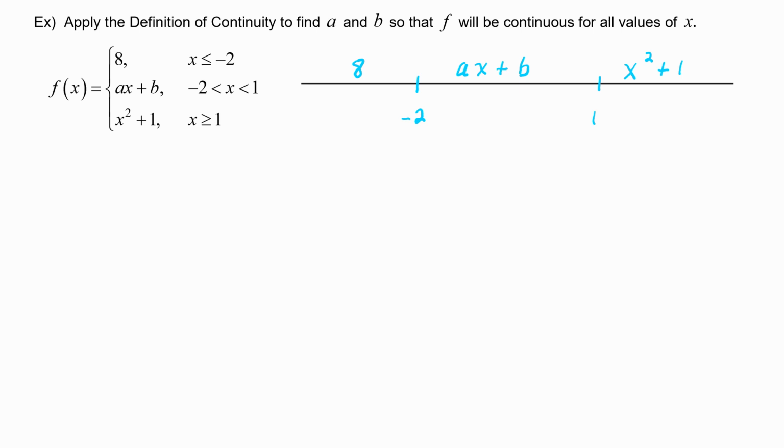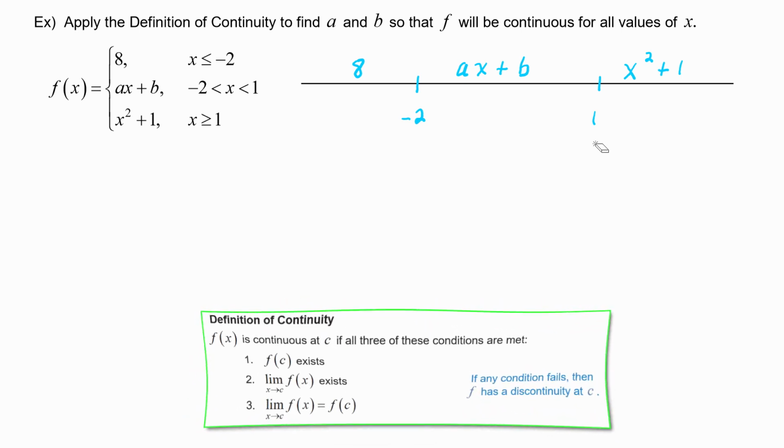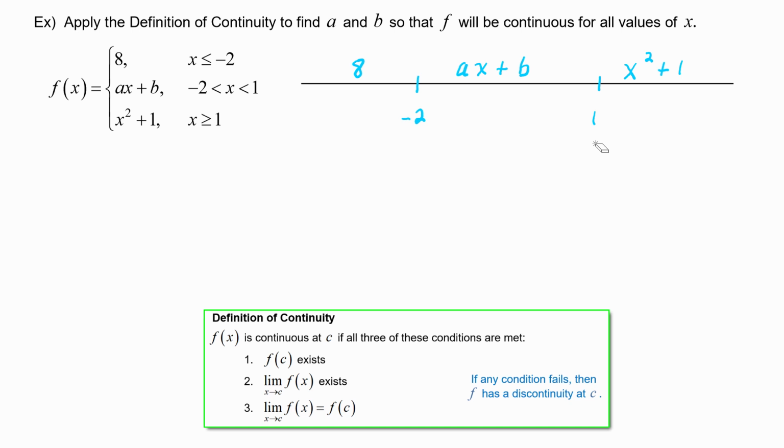So what we have to show is that the function will be continuous at the places it changes over at -2 and +1. So let's apply the definition starting at -2. We will need to evaluate f of -2, and that goes into this top piece here, so that's equal to 8.